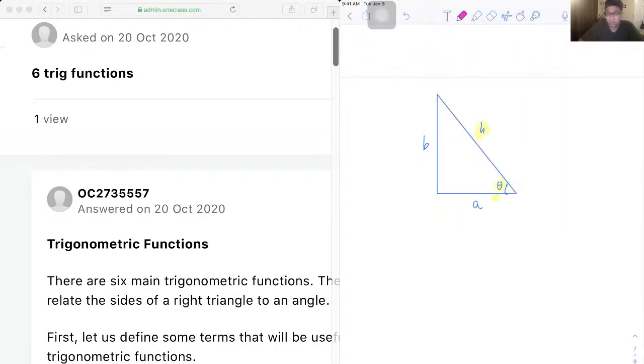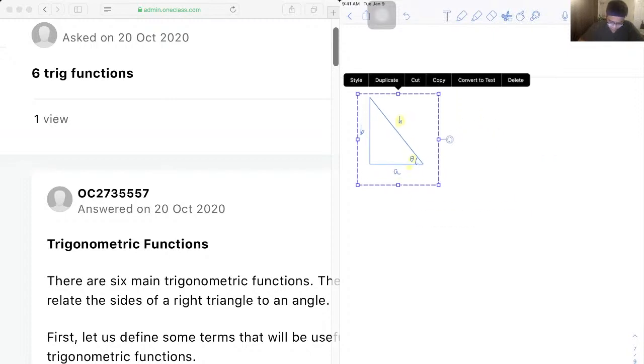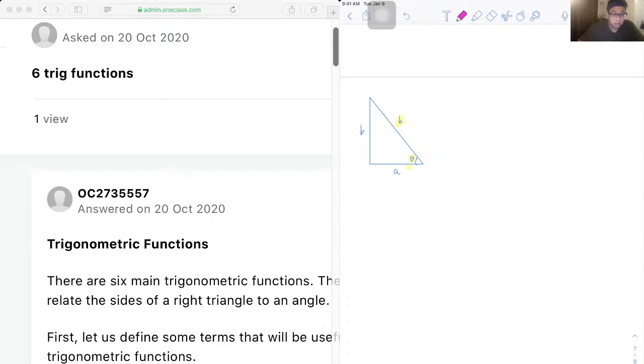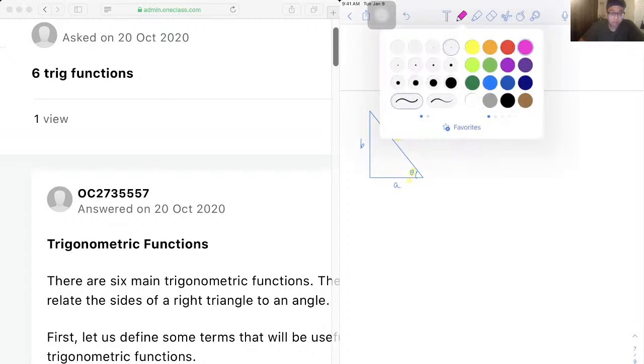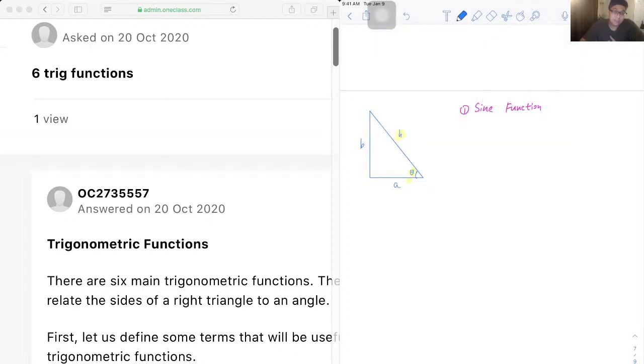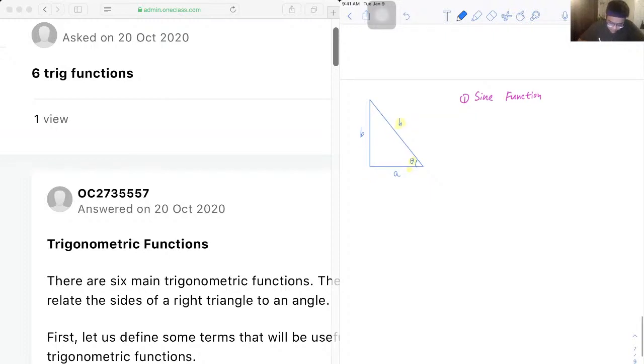Okay. And put it on the side. Okay. So the first one will be our sine function. And so this relates the angle, the opposite side, and the hypotenuse. And the relation is sine.